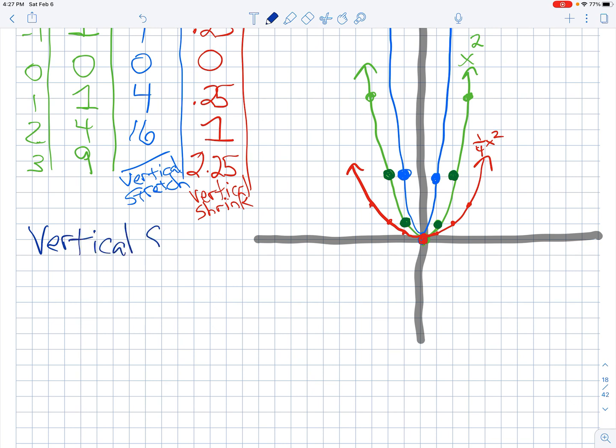And the same thing with a vertical shrink. So let's get the general form down here for a vertical stretch, and then I think I'll get into the horizontal after this.